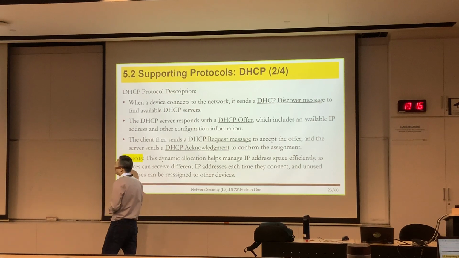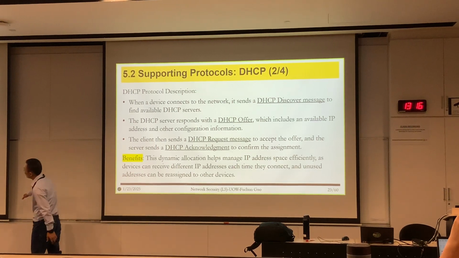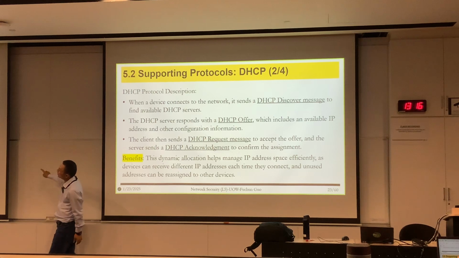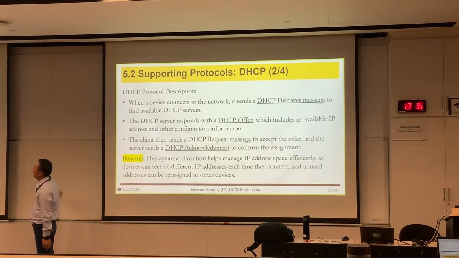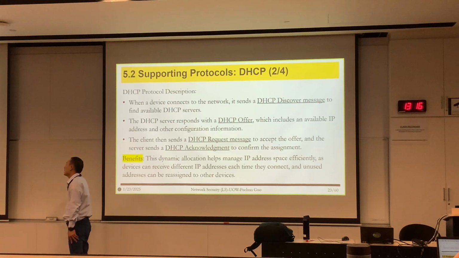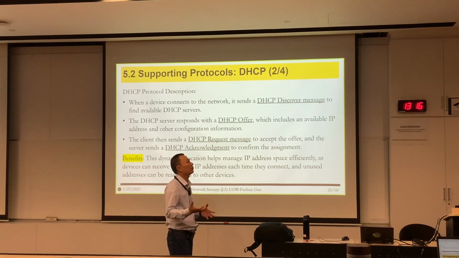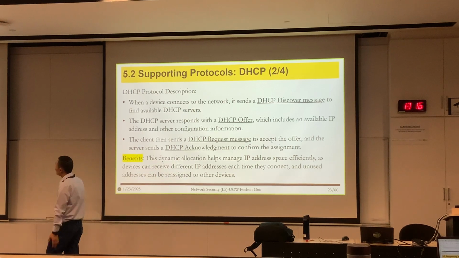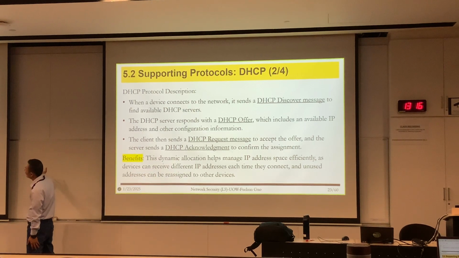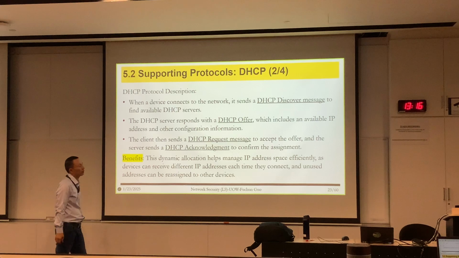It means that on the first day, when these devices are connected to this gateway, the gateway will assign IP addresses from 1 to 10. And on the second day, maybe another 10 devices will try to connect to this gateway. But it's fine, because on the second day, this gateway can assign the IP addresses from 1 to 10 again to make sure that all these devices can connect.